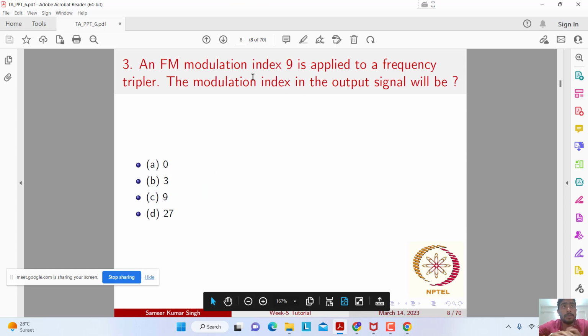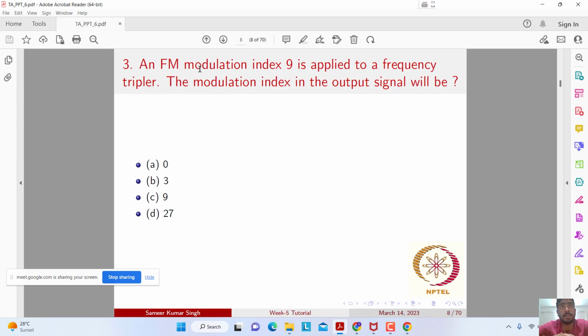Okay. So question number 3: an FM modulation index of 9 is applied to a frequency tripler. So the modulation index in the output signal will be. Basically we have modulation index 9 and we are passing it through a frequency tripler.